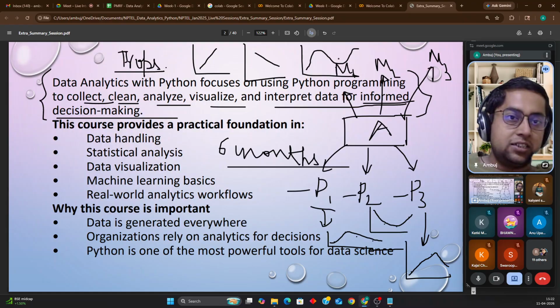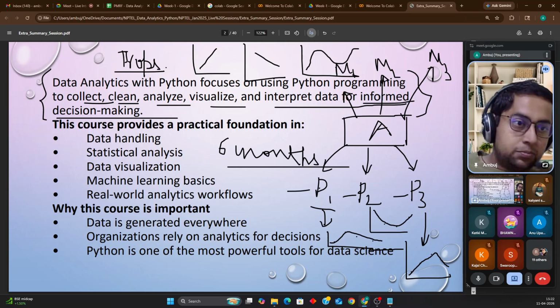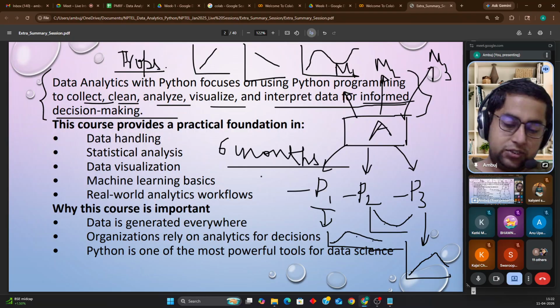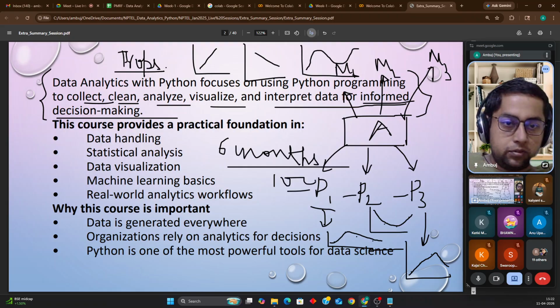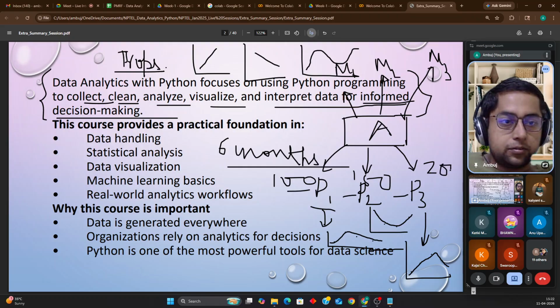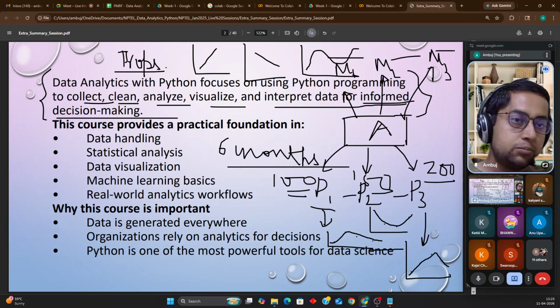As a data scientist engineer, you would be asked that suppose in previous month we have manufactured 100 products of P1, 150 products of P2, and 200 products of P3. Suppose we have manufactured through these particular manufacturing units M1, M2, and M3.